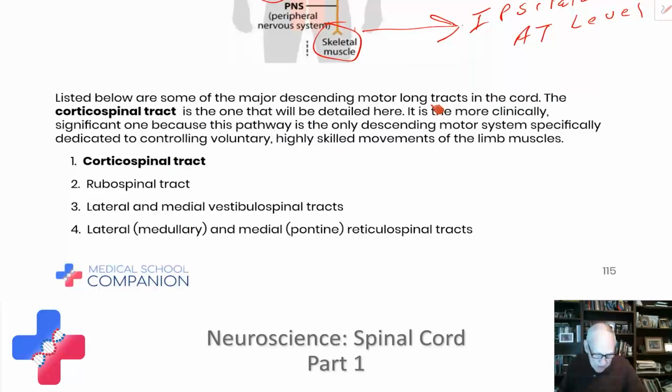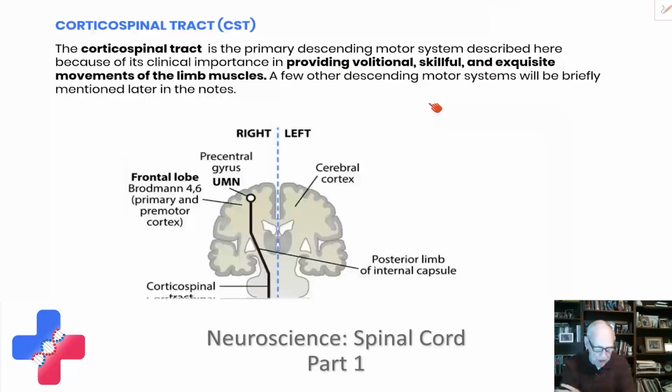So let's look at our first of these three major long tracts. This is the descending system, corticospinal. And again, corticospinal is the really big one everyone must know, because this is providing that volitional, voluntary movement, skillful, exquisite movements of the limb muscles, especially the distal limb muscles.